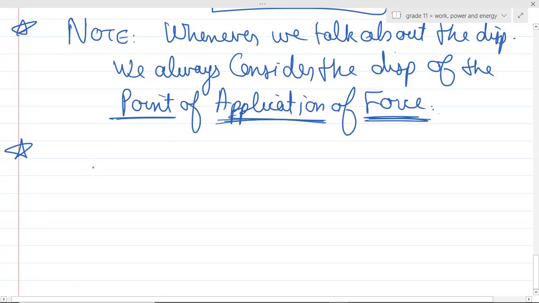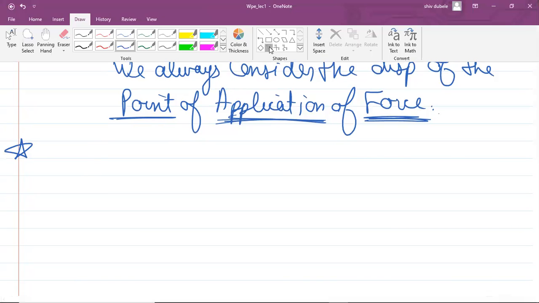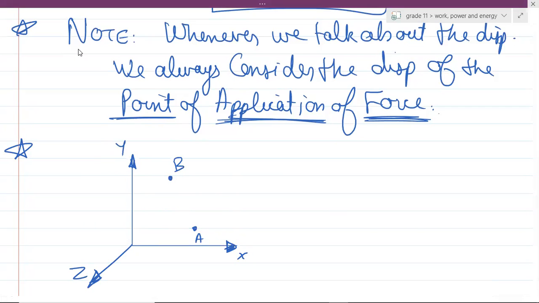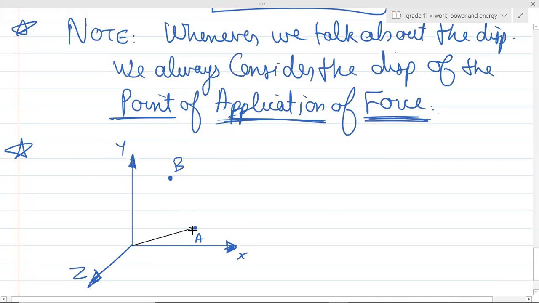Okay. So now suppose I have 3D space, let's say this is x, this is y, this is z, and I have an object at point A, and this is B. The position vector of A is r_A, and the position vector of B is r_B vector.